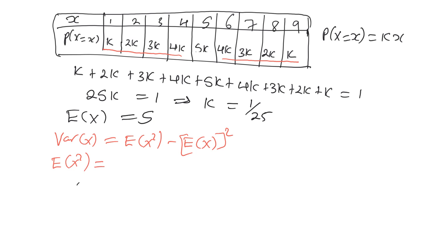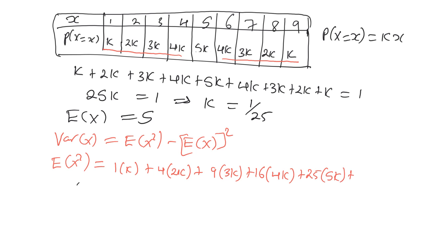This is going to be 1 squared times k, so 1 times k, plus 4 times 2k, plus 9 times 3k, plus 16 times 4k, plus 25 times 5k, plus 36 times 4k, plus 49 times 3k, plus 64 times 2k, then plus 81k.